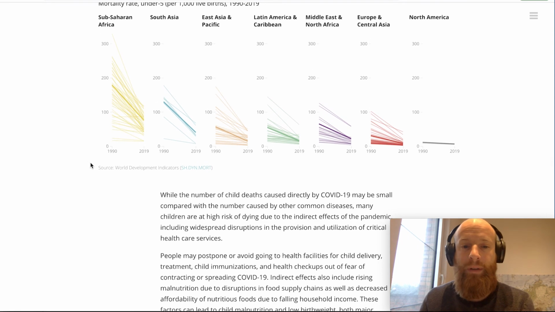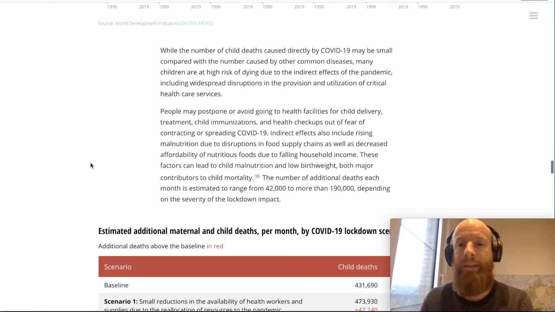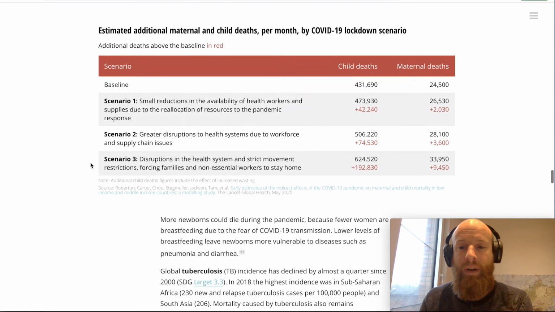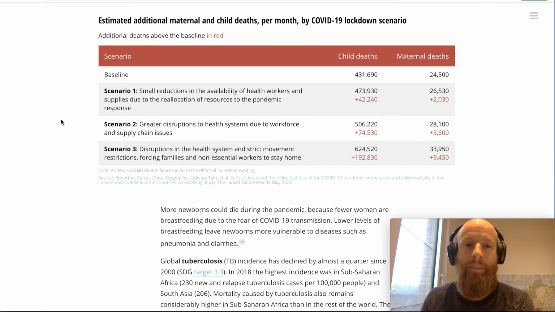So yeah, it's improving. Then of course we have COVID-19, and some researchers calculated what different scenarios for lockdowns would mean if lockdowns were global, for child deaths, but also maternal deaths.